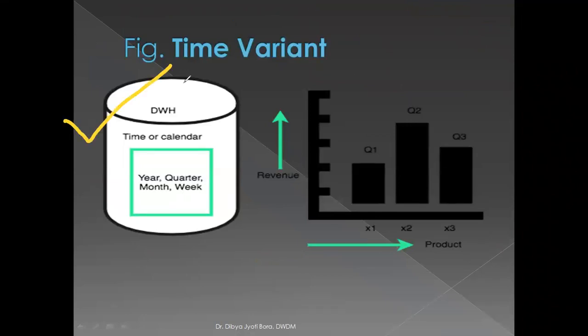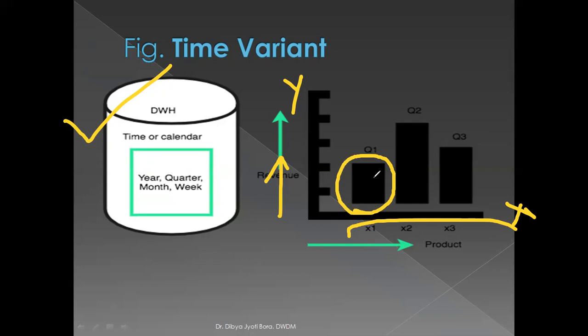This side is showing the product information X1, X2, X3, and I hope you all know about this coordinate axis. The Y-axis direction is giving you the revenue information being generated. In quarter Q1, product X1 generates this amount of revenue, X2 product is generating this amount of revenue, and X3 product is generating this amount of revenue.